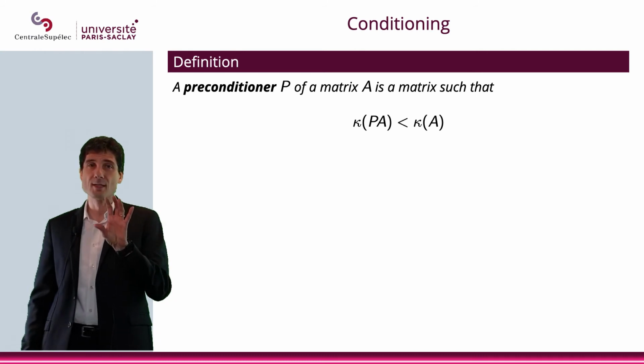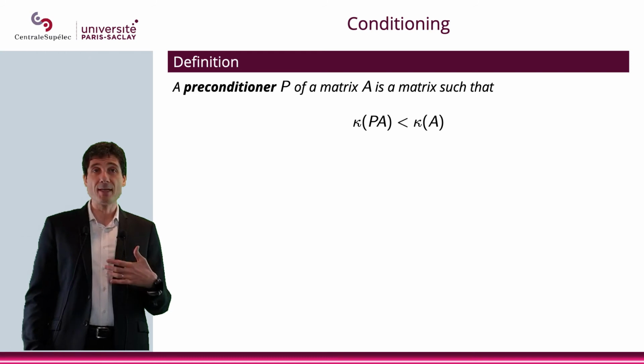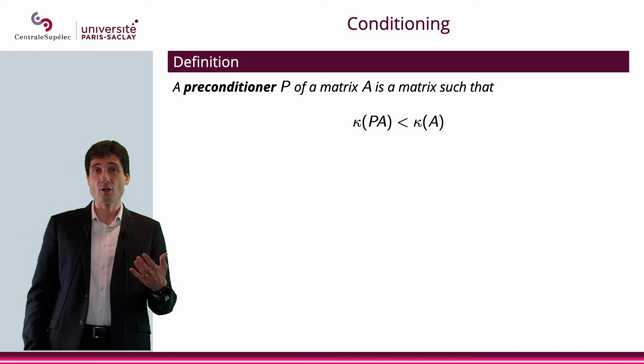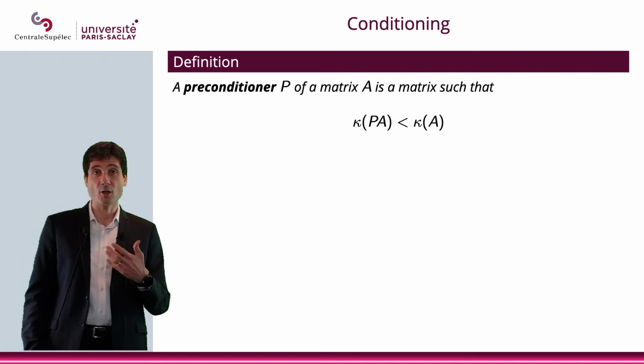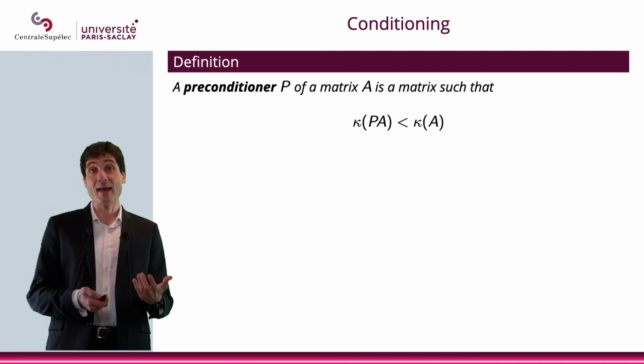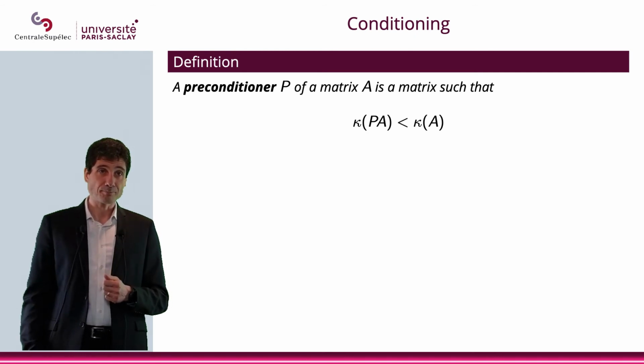So instead of working with A, you work with PA, and hopefully PA will have a condition number smaller than that of A. That is called preconditioning, and that helps your approximation, your numerical simulation.